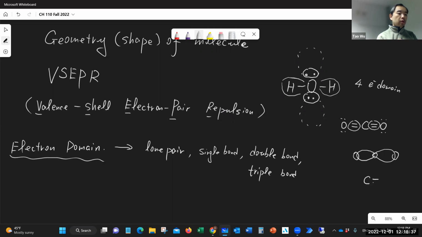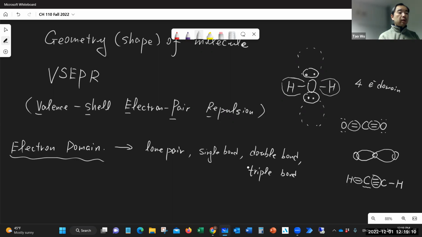For example, there's one compound like this, an alkyne. For this carbon, it has 1 single bond, which is 1 electron domain, and it also has 1 triple bond, which is also 1 electron domain.